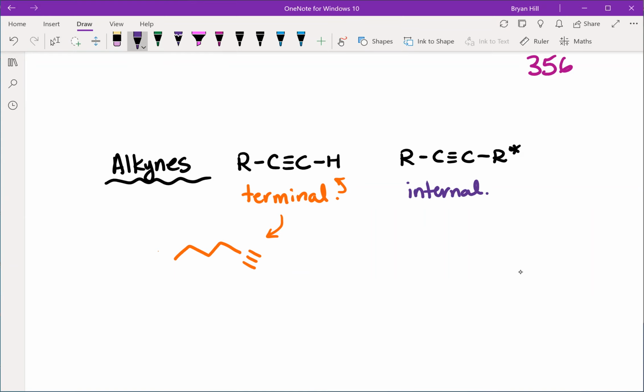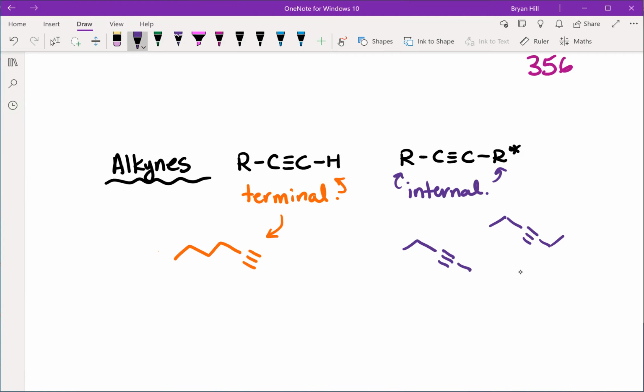The second is what we would call internal. And in this case, the carbon-carbon triple bond is in between. There's carbons on either side. So I've got R here, or R star here, and R here.